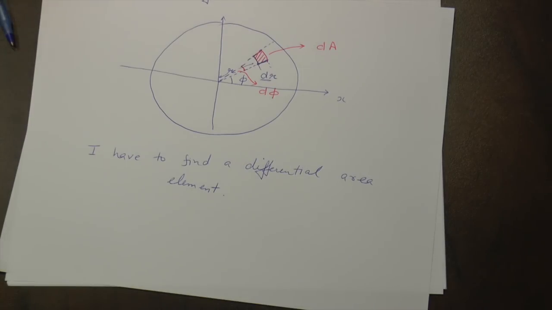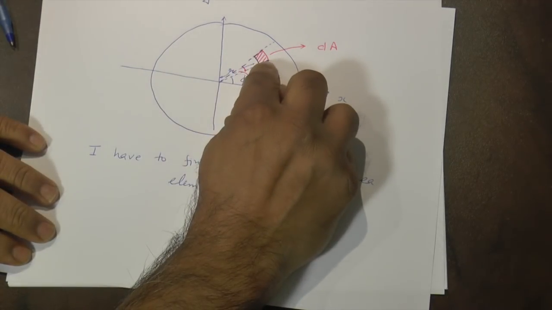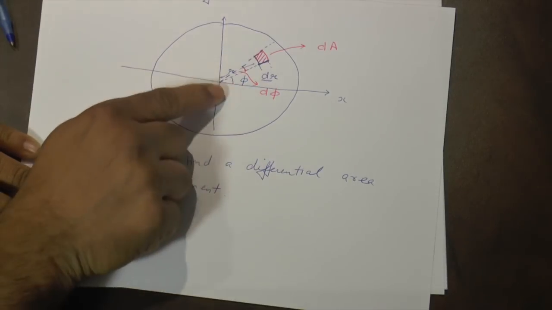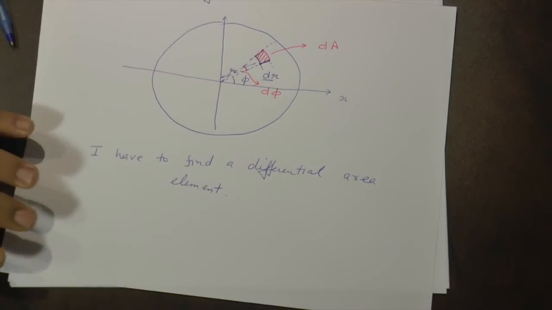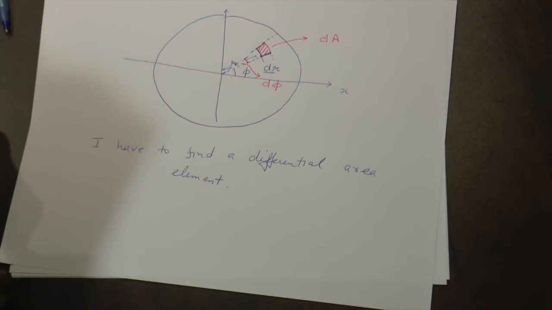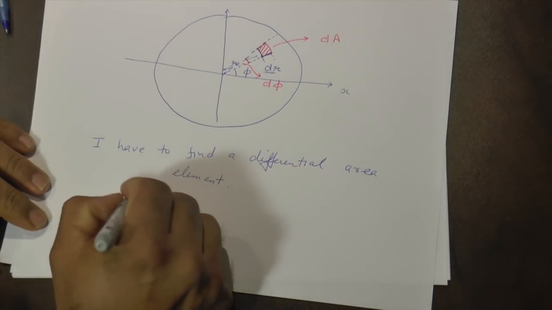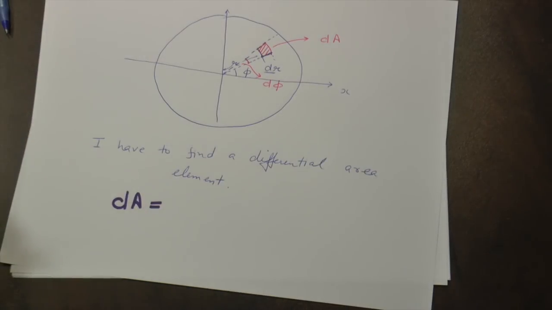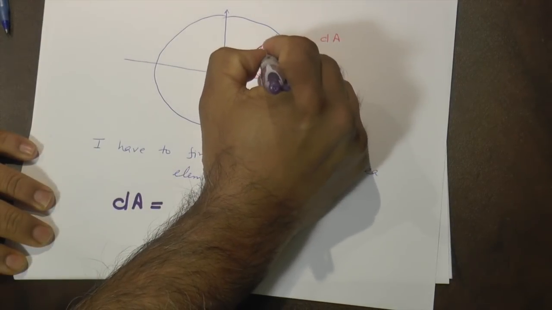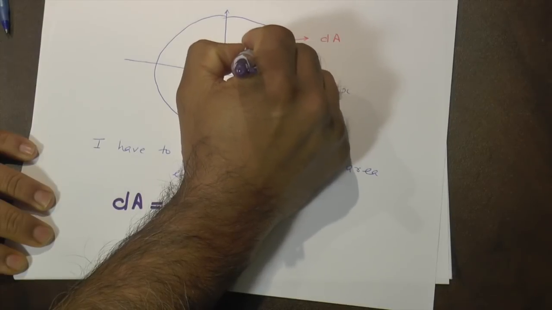Agreed? That shaded part becomes one small movement in r direction, one small change of angle, which we are calling d phi. What would my d area be now? My d area is going to be this length multiplied by this length.